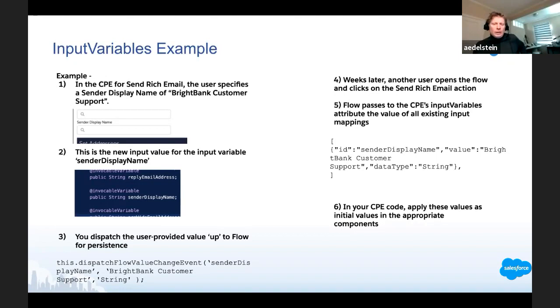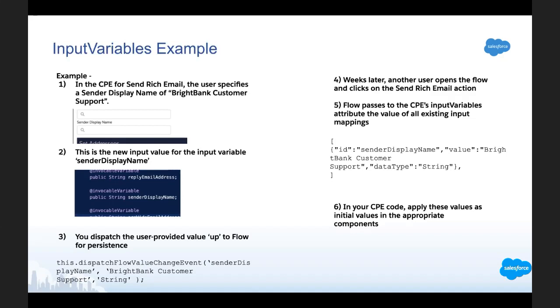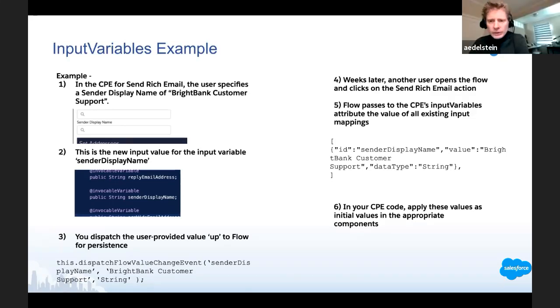All right, I'm going to repeat this slide because apparently there was a technical transmission problem. What this slide is talking about is the life cycle of a piece of information that the user types into your custom property editor. In the first part of this example, the user is in the custom property editor for that send rich email, and they type the value Brightbank customer support for the sender display name.